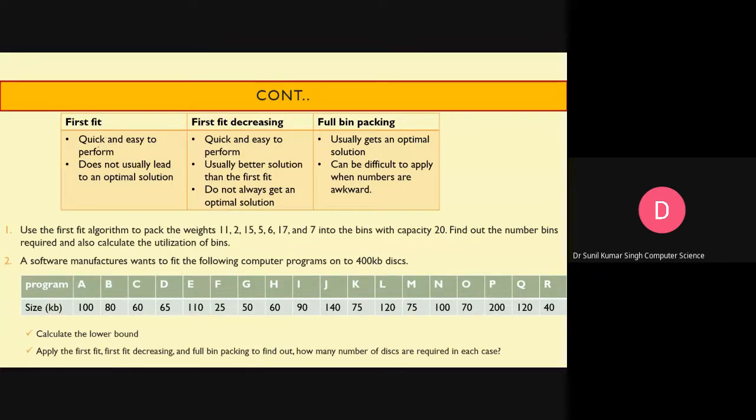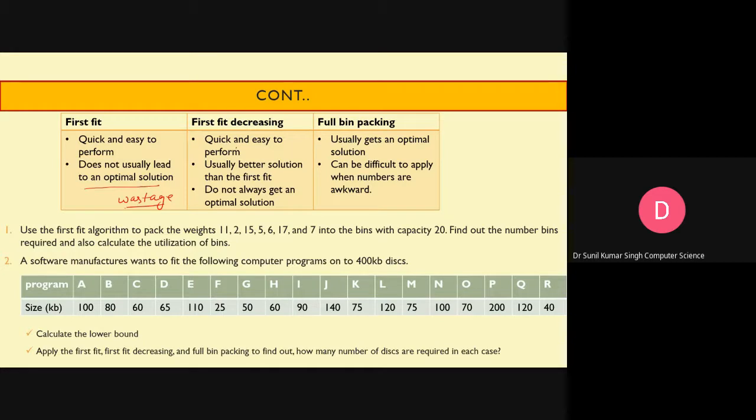Arranging the items in decreasing order is not required, and directly you can put them into the container as per the availability of space. But the problem with this one is it does not usually lead to an optimal solution. So in general, wastage of resources is comparatively high.